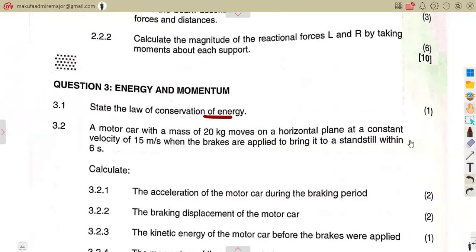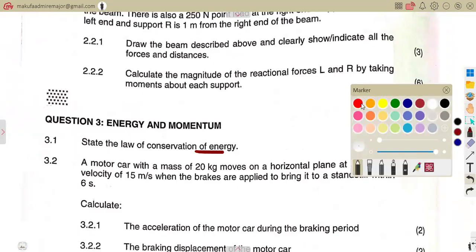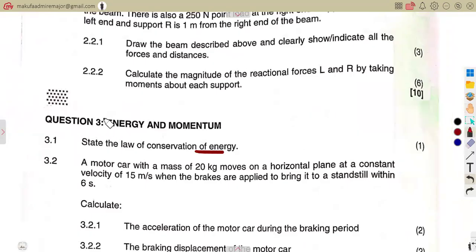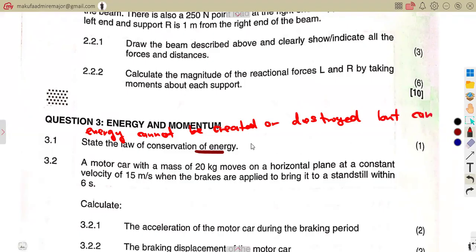So that is the major part of this energy that we can consider as the law of the conservation of energy: energy cannot be created or destroyed, but can be converted from one form to another.